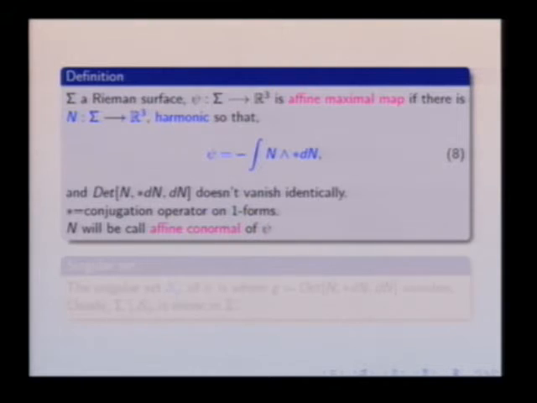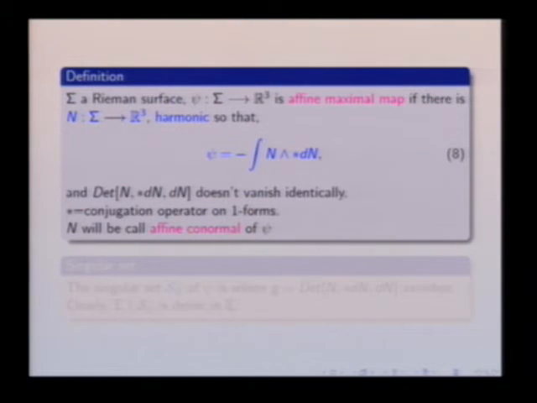In fact, we say that a map sigma from a Riemann surface is an affine maximal map if this can be obtained in the usual way from a harmonic map N from sigma into R3.